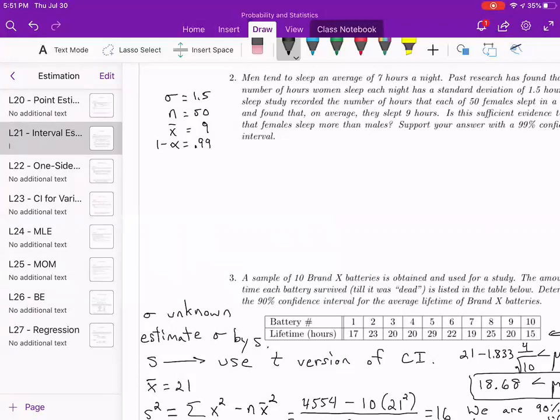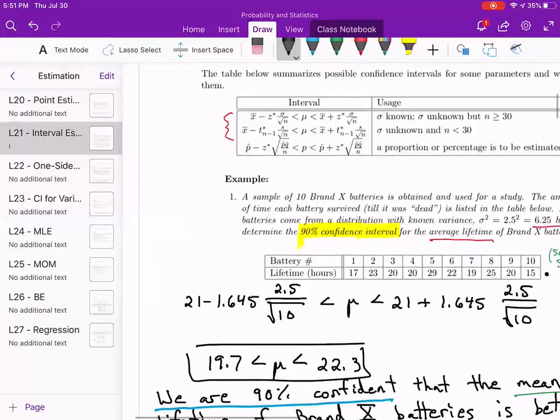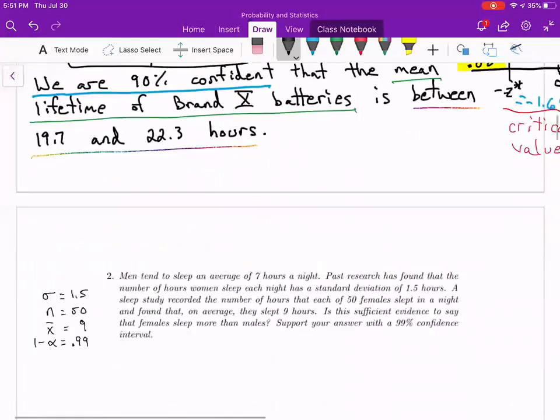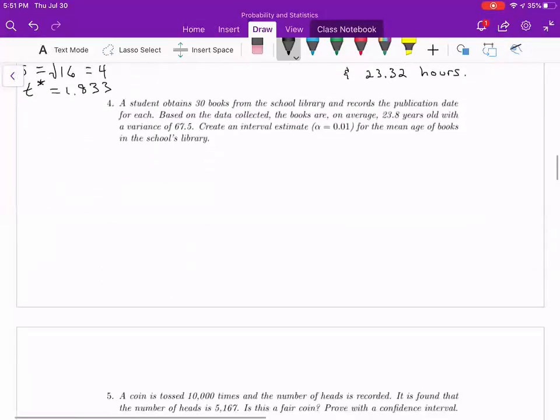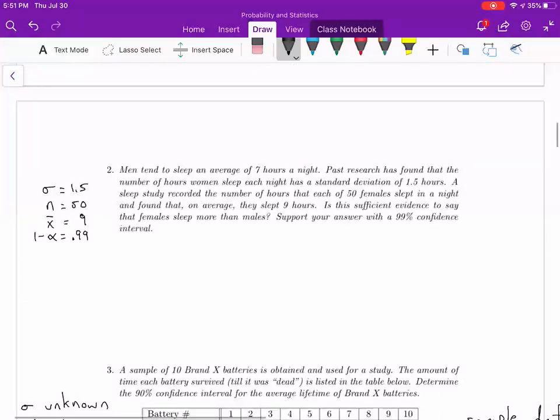So Z is right, and that is because sigma is known. We have sigma. So if you look back at your formula options, the only one with sigma in it is that top one, and that has a Z star in it, which means you need to use your Z table, which is the standard normal table. That's what we're going to use here.